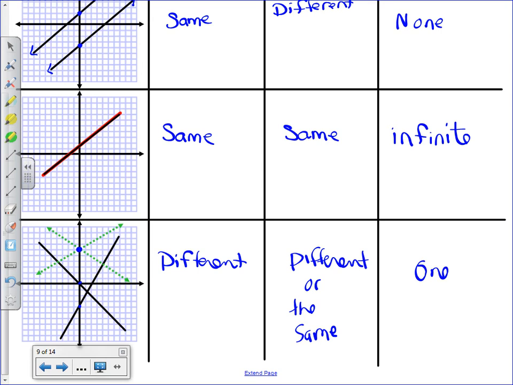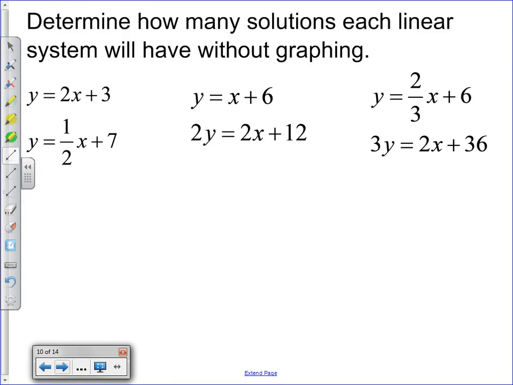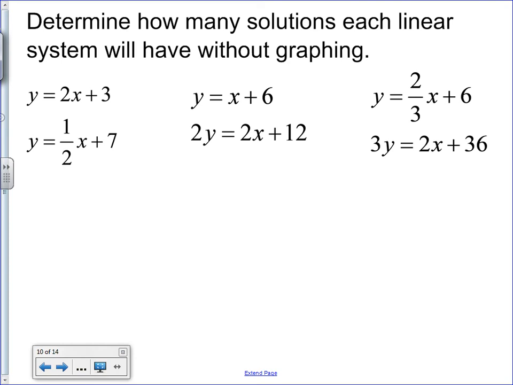Okay, do you have one more page? Okay, so it says here, determine how many solutions each linear system will have without graphing. So here are my first two systems. What is my slope in the first equation here, Valeria? 2/1.